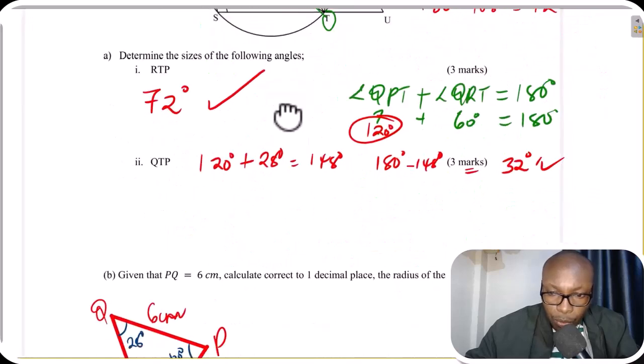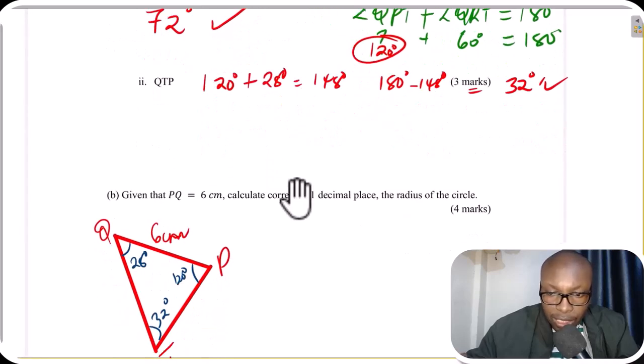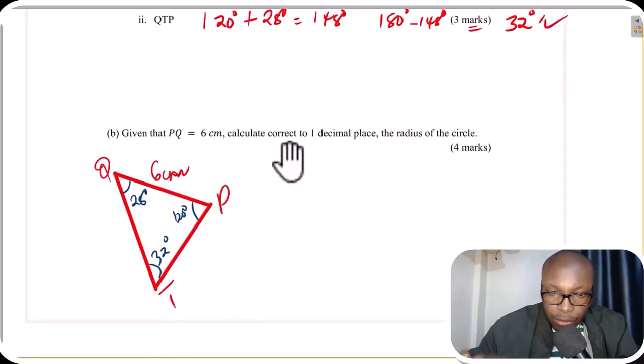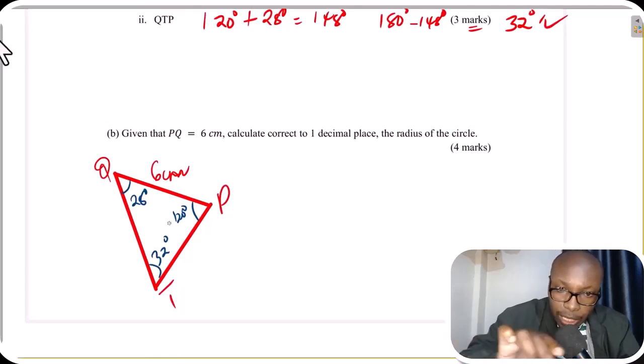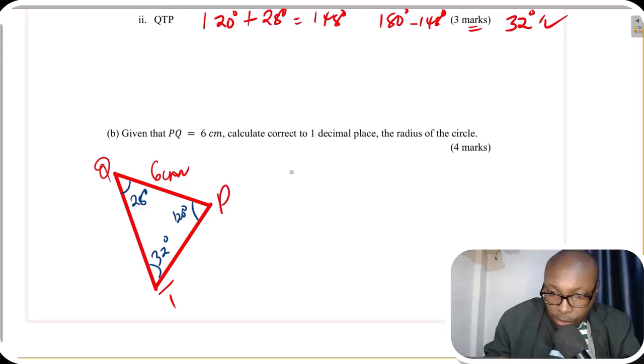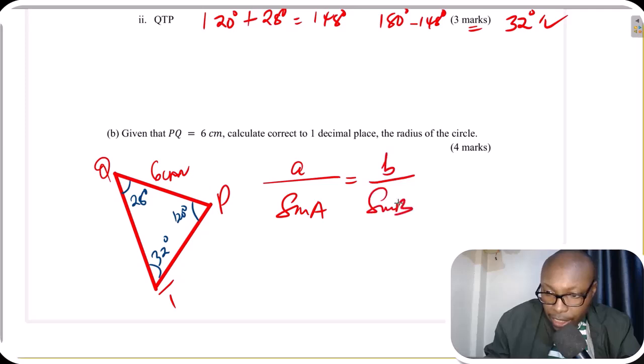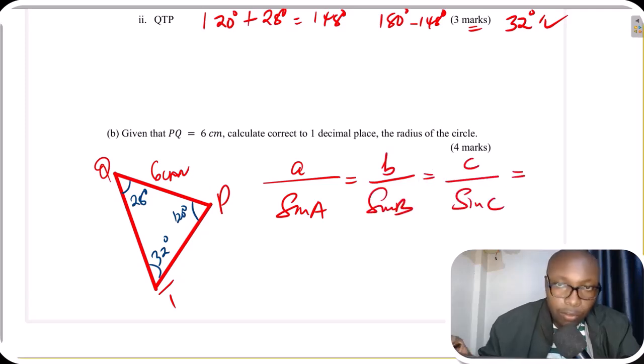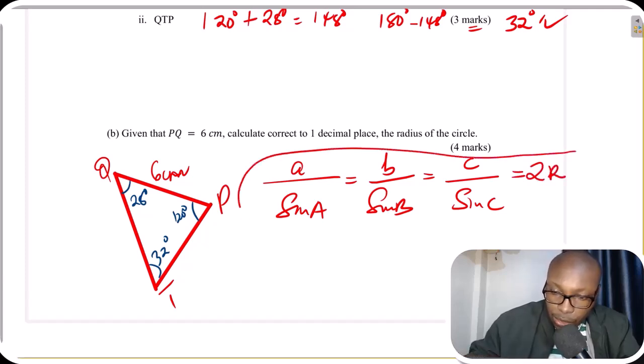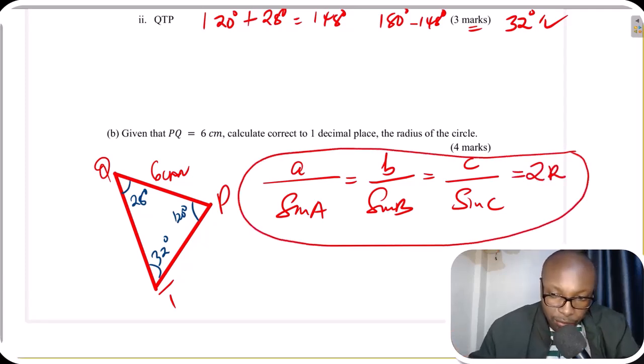If you recall the sine rule, we can use the sine rule to get the radius of the circle. Just to remind you, a divided by sine A is equal to b divided by sine B is equal to c divided by sine C, which is equivalent to 2R. This is the concept that we need to use in order to get the radius of the circle.